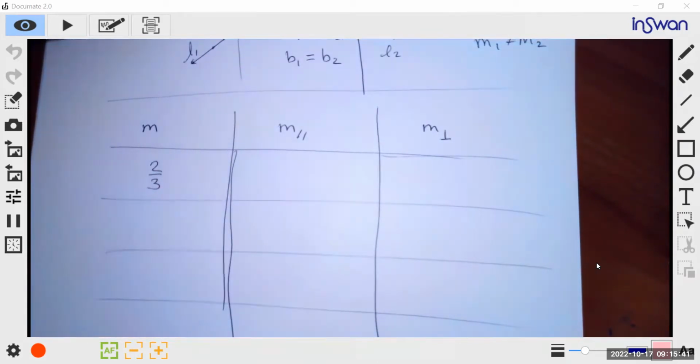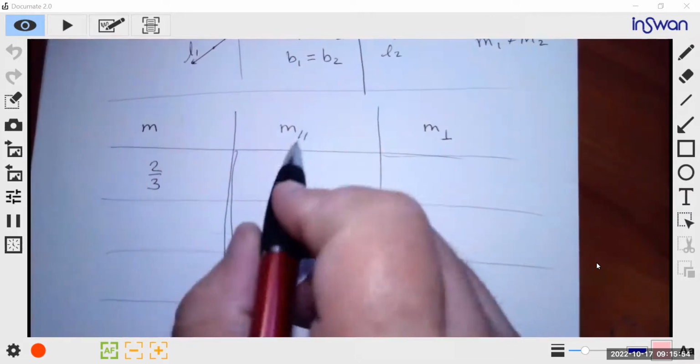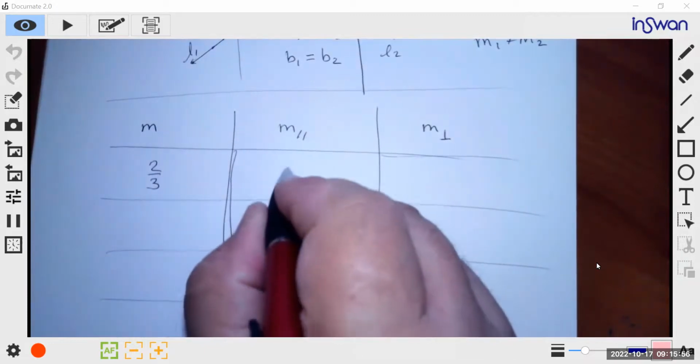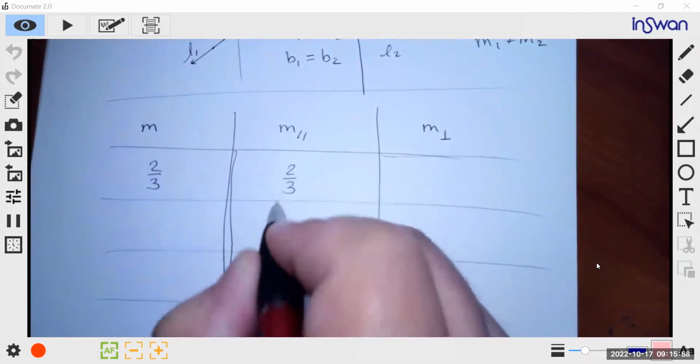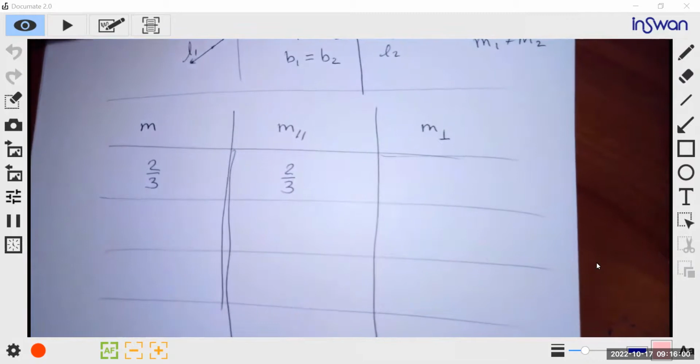If the slope is 2/3, what's the slope of the line parallel to it? Yeah, it has to be the same, because if they're parallel, they have the same slope. What's the slope perpendicular to it?